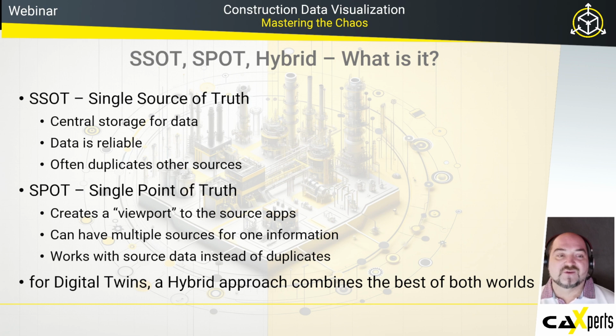So for the end user, it's easy to access all information without going to different applications and sources, but still have everything combined and federated in one digital twin access and visualization platform.